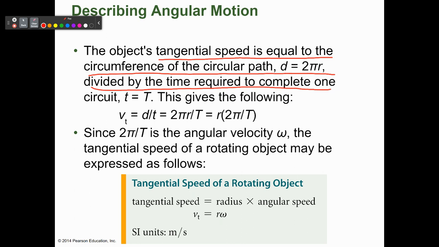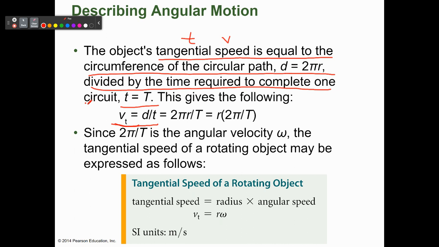They use time as a capital T in that respect. So your straight line, tangential velocity, that's why they have v_T, tangential speed, is equal to your distance divided by your time. In this case, the distance would be the circumference of the circle, 2 pi r, divided by the time it takes you to go that distance.